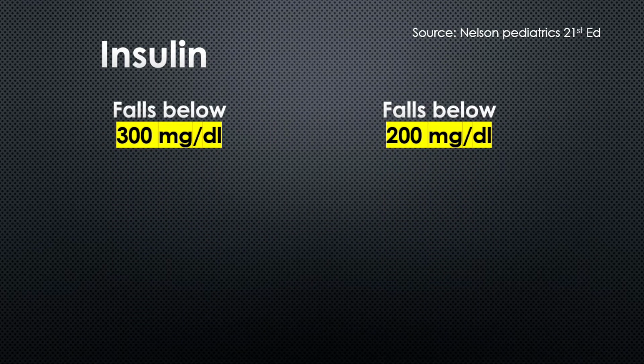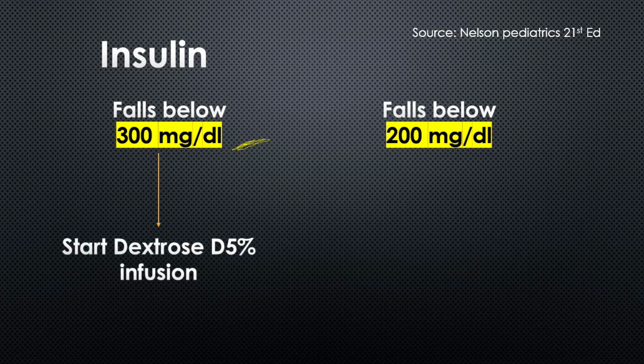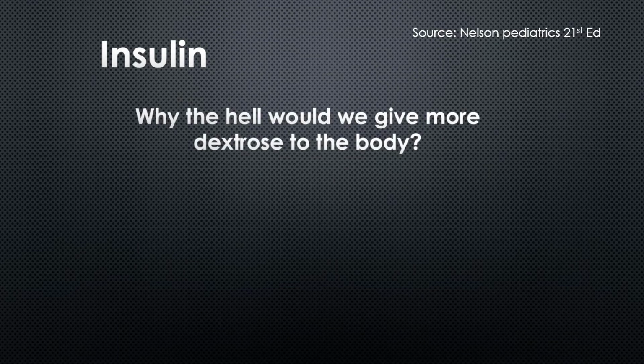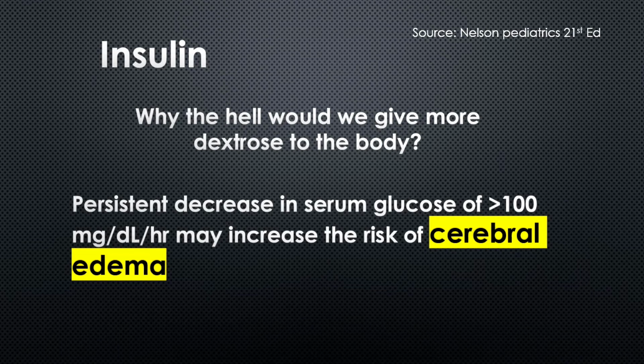If the glucose falls below 300 mg per deciliter, start dextrose D5% infusion. And if it falls below 200 mg per deciliter, start dextrose D10% infusion. So you would be asking why we would give more dextrose to the body. This is because a persistent decrease in serum glucose of greater than 100 mg per deciliter per hour may increase the risk of cerebral edema.